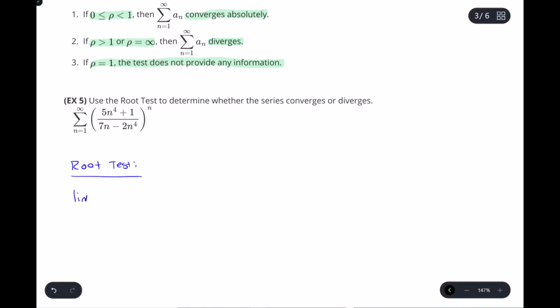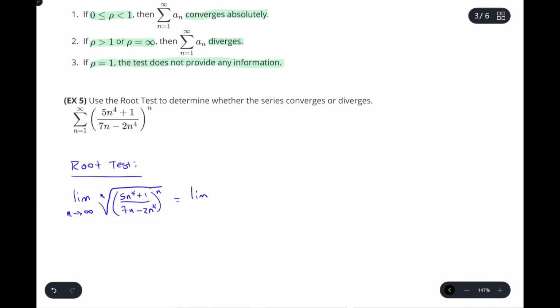So all we would need to do is calculate a limit as n goes to infinity of the nth root of all this. And to be honest, you really can skip this step of writing the nth root because it's always just going to cancel out the power of n anyway. That's the whole point of the nth root.